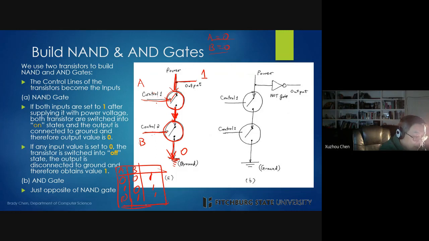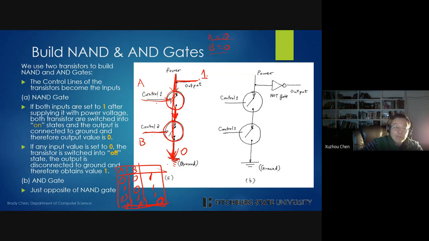The only case where the NAND gate output is 0 is when both of these are connected. Then you connect the output to the ground, right? Only when A is connected and B is connected do you get a 0. So when A is 1 and B is 1, the output is 0.